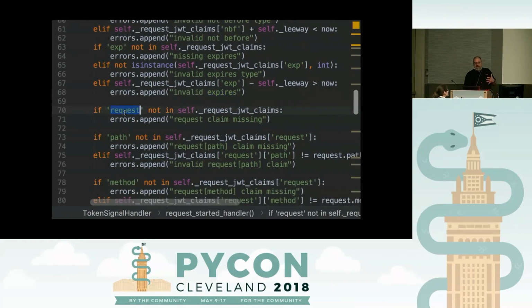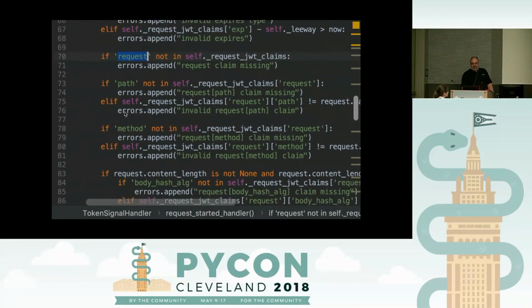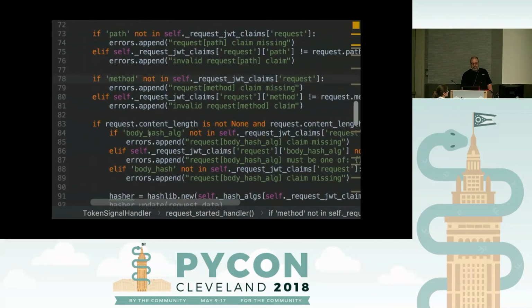And so the other thing that we're adding in here is a request element. So JWT is extensible. They have defined values, but you can add to them. So on the request, we're adding in request stuff so we can include information about the request. Under request, we're putting in path, method, body hash algorithm, and body hash, if it has a body.